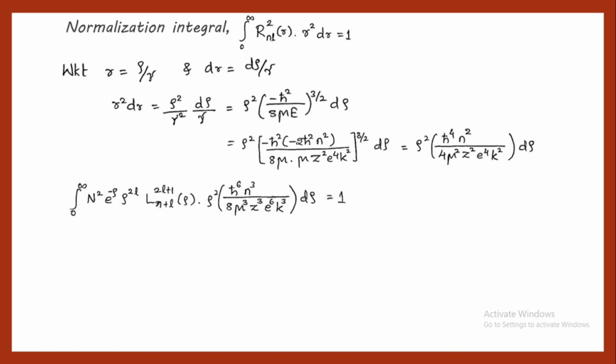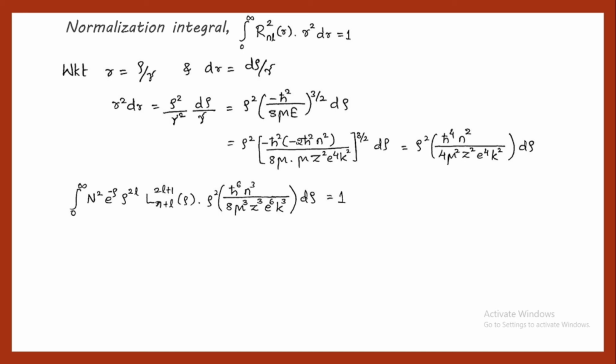When you substitute, the radial wave function squared is nothing but N square e raised to minus rho, because e raised to minus rho by 2 is there, squared will be e raised to minus rho, rho raised to l whole square, that is rho raised to 2l, into the Laguerre polynomial into r square dr. In place of r square dr, we are substituting this simplified value in terms of rho.